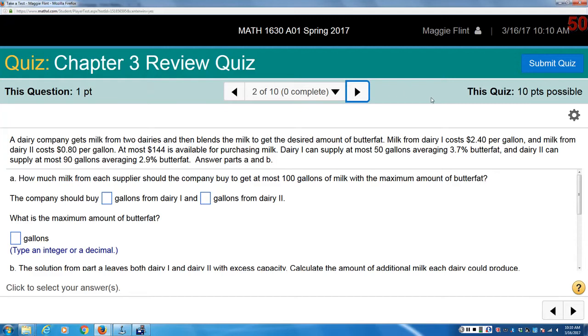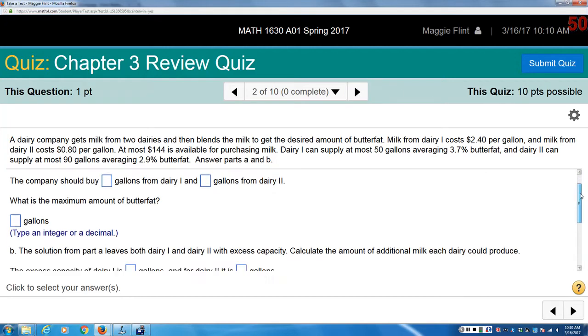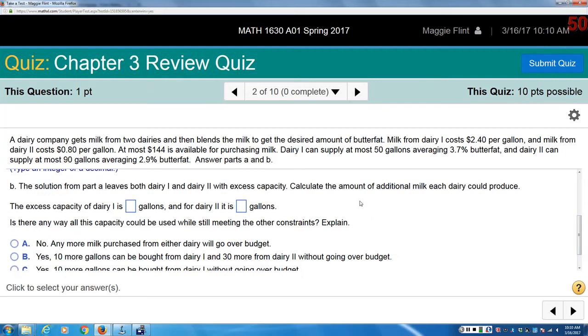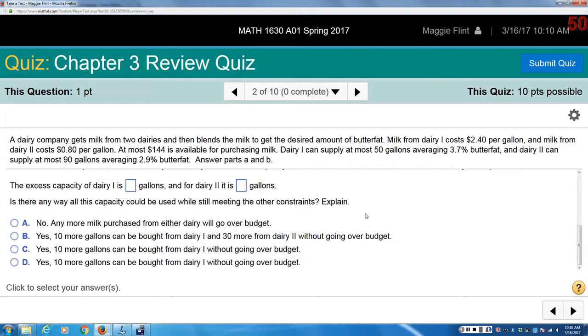And then, the solution from part A leaves both dairy 1 and 2 with excess capacity. Calculate the amount of additional milk each dairy could produce. Is there any way this could all be used while still meeting the other constraints?